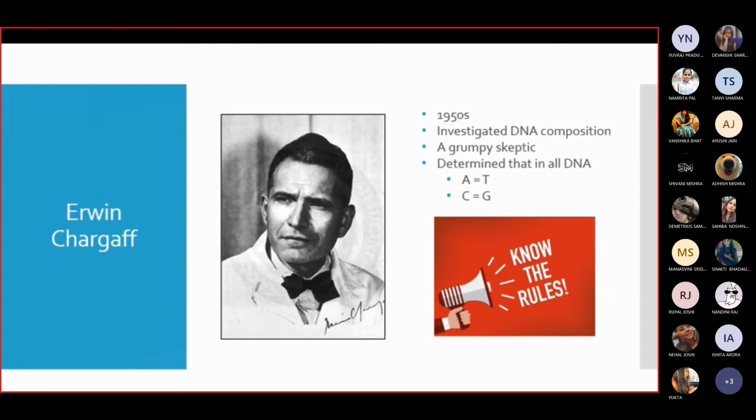And also, other ratios such as A to G will vary from species to species. So he made several very important discoveries. And it's important to note that while he did determine that the amount of A equals T, the amount of C equals G, he didn't actually suggest that those were always paired together, though it was kind of hinted at.